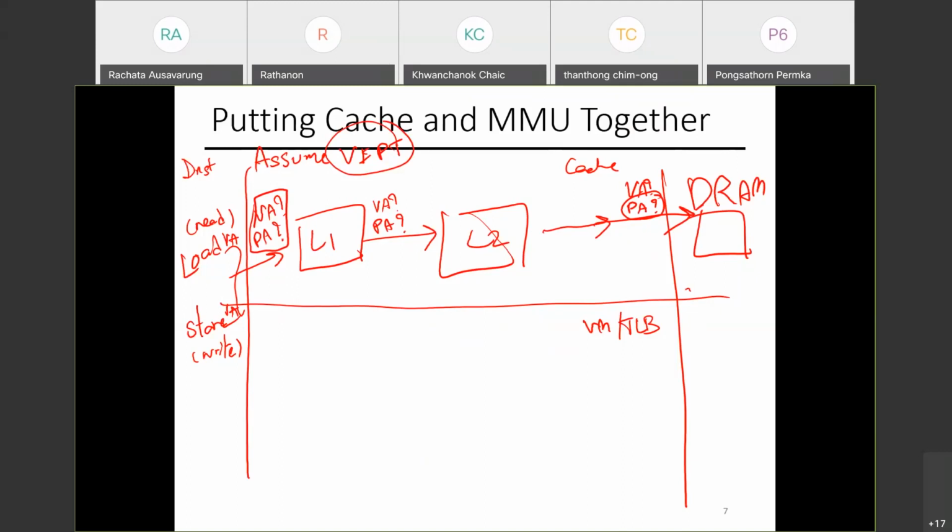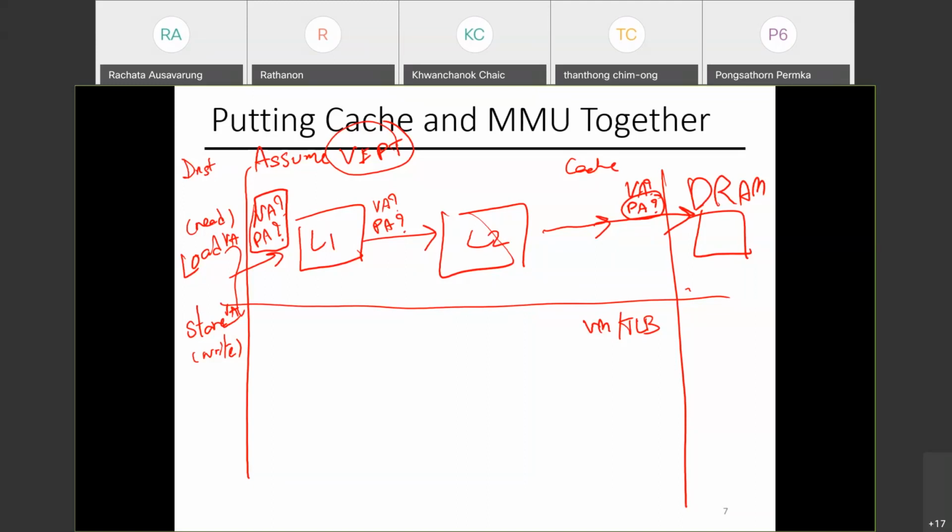Then from L1 to L2, do I use virtual address or physical address, or do I use both, if I assume that L1 is VIPT? Both is fine, but can I just get by with the physical address? You can actually just get by with the physical address. Yeah, you have a great hunch. Basically, one of your friends said, yes, I suppose.